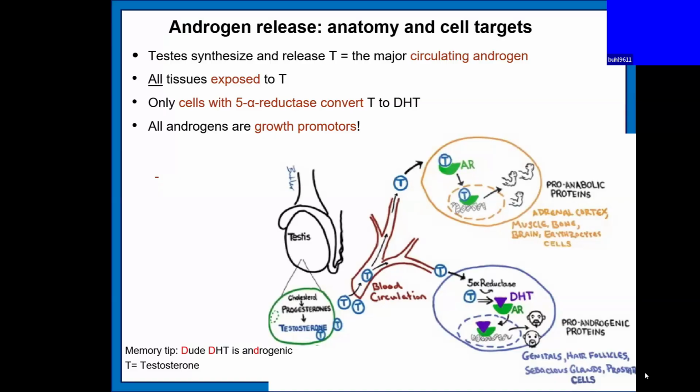So you're gonna have mostly DHT activity here, a bunch of DHT that binds the same androgen receptor, but it makes it shape differently, so it goes in and it produces different proteins. And those are proandrogenic, and those are kind of sexual characteristics, like genital growth, effects on hair follicles, sebaceous glands, prostate cells, things like that.